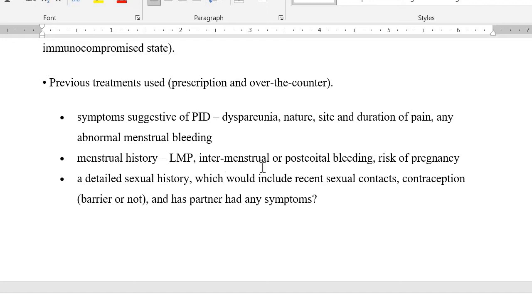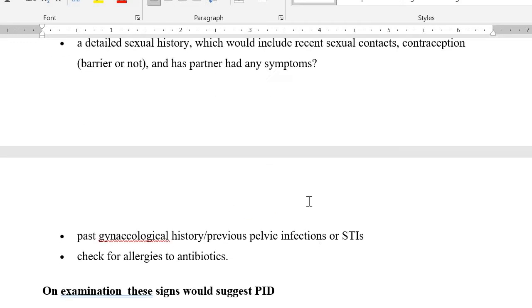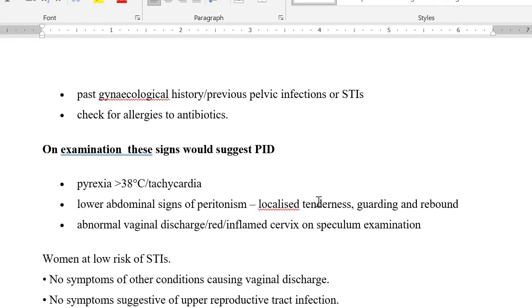What was the LMP, any intermenstrual or postcoital bleeds, risk of pregnancy. Then a detailed sexual history, which would include recent sexual contacts, contraception, barrier or not, and whether the partner has had any symptoms, or whether she is the only one with symptoms. Then past gynecological history.